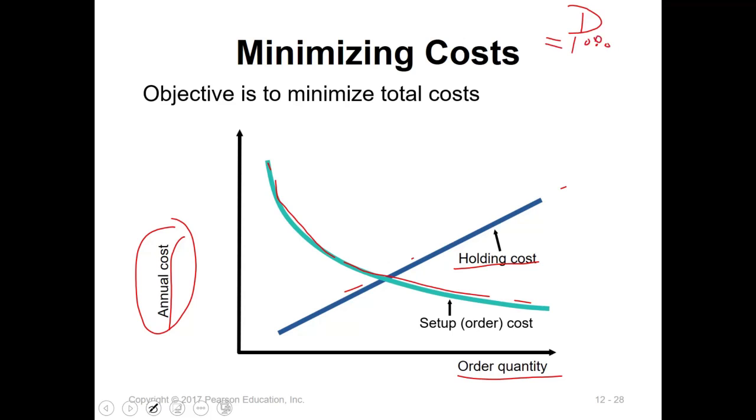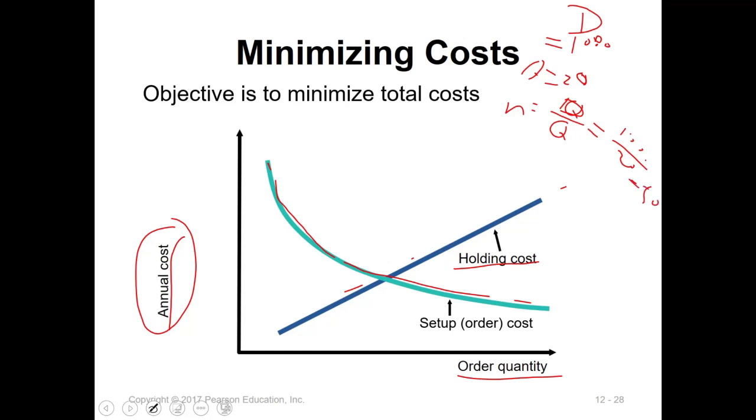And if our order quantity Q equals 20, then how many orders do we need to make in 1 year? So N equals what? D divided by Q, equals 1,000 divided by 20, so equals 50.